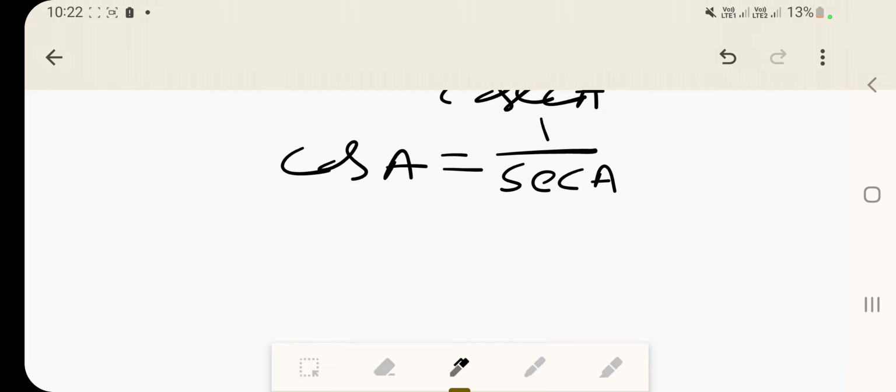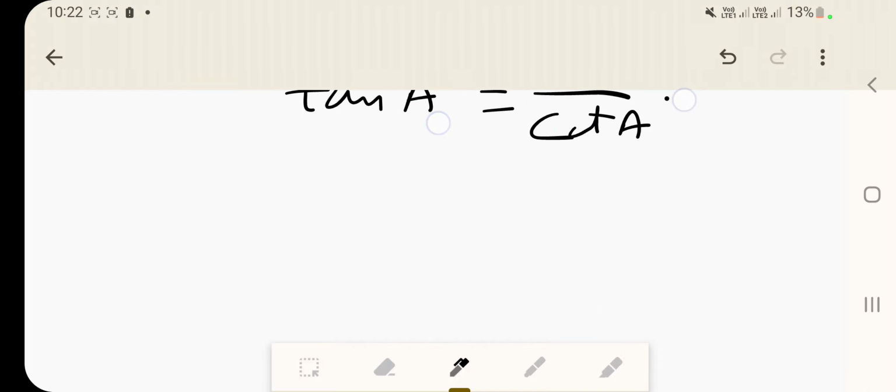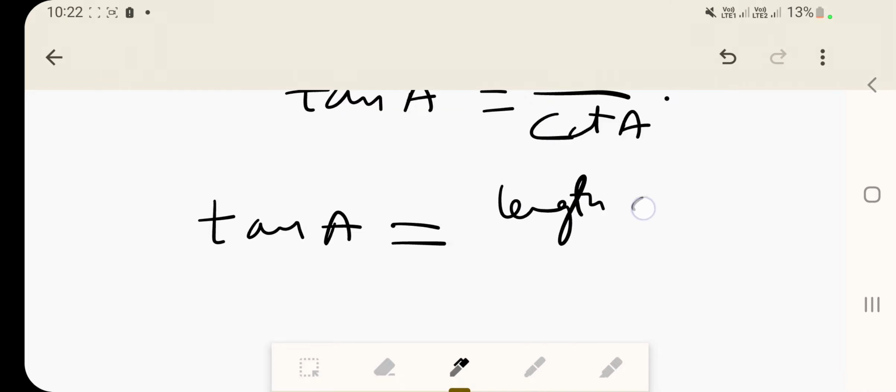And another, tan A is 1 by cot A. Remember these ratios.